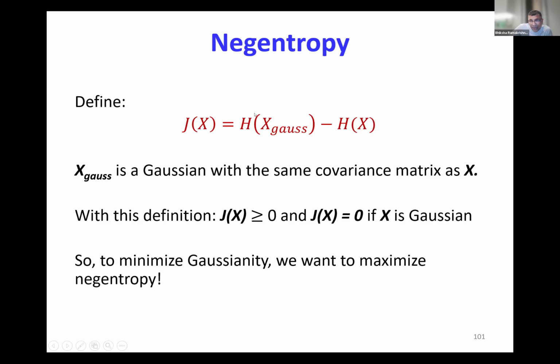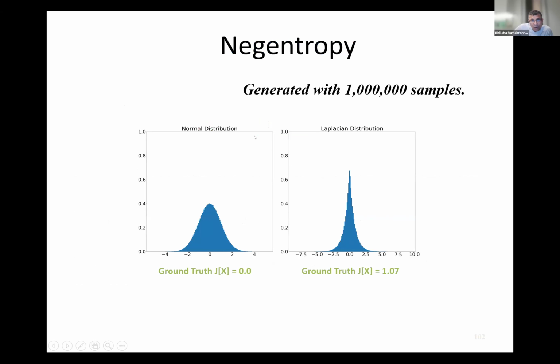So this is a contrast function. This is what we call negentropy. And we're going to try to maximize negentropy. So here are some examples of negentropy. Here are two random variables with the same variance. If the data are Gaussian, you find that this negentropy is 0.